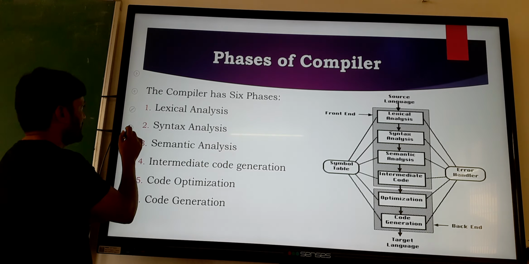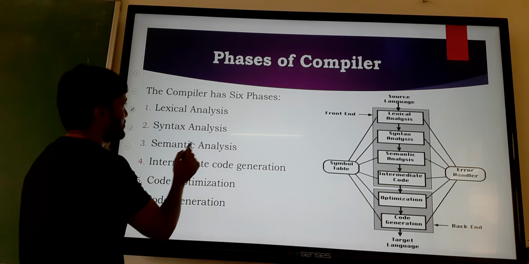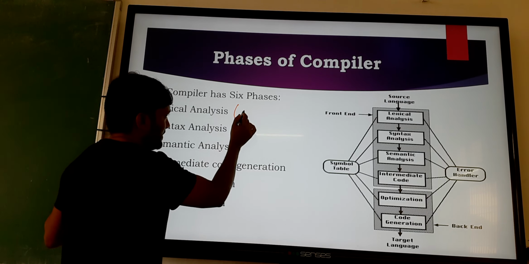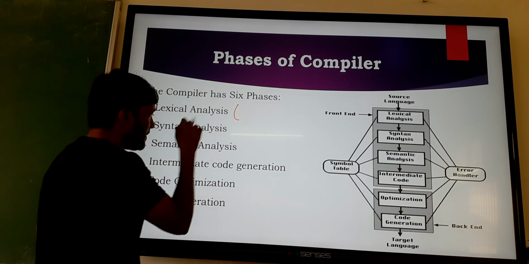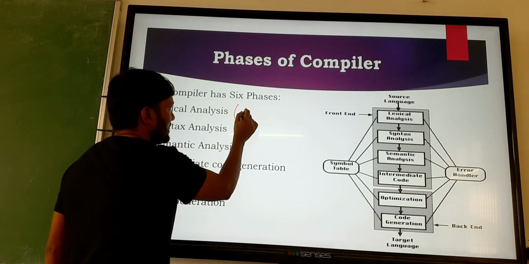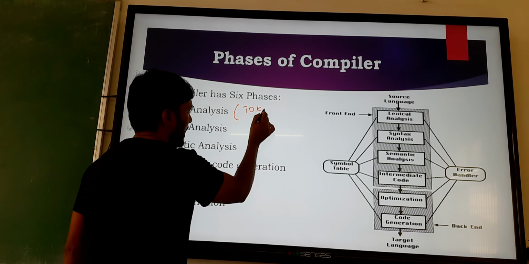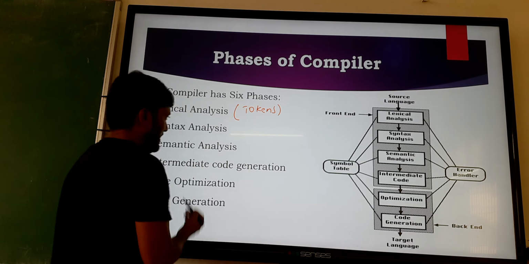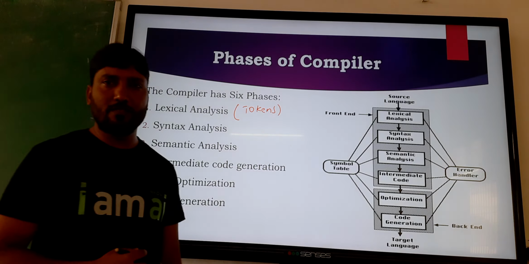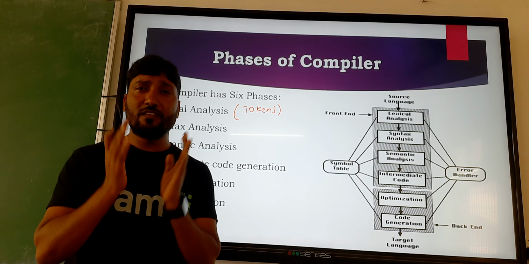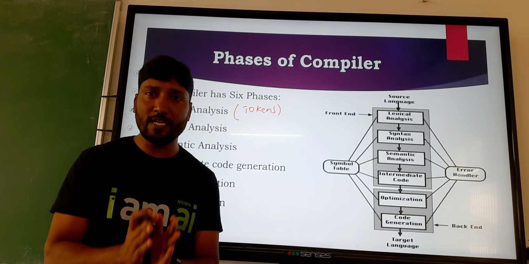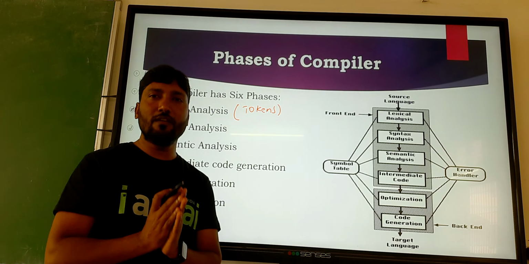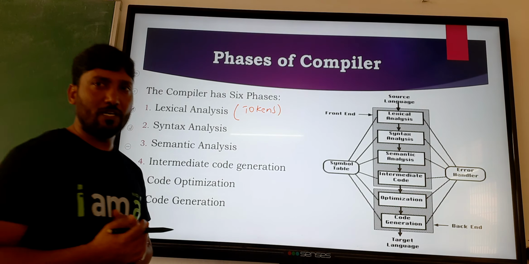And next one is the syntax analysis. In the lexical analyzer, we take the source program as input and generate the tokens as output. Syntax analysis constructs a parse tree, or grammatical structure, from the tokens.